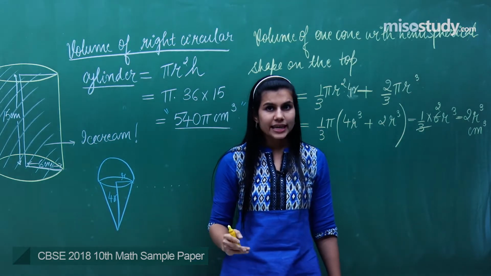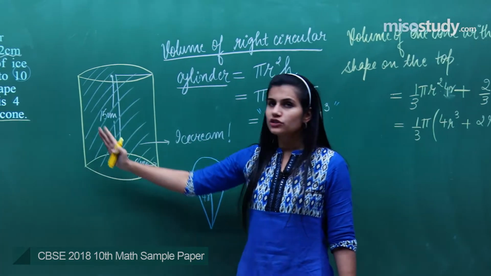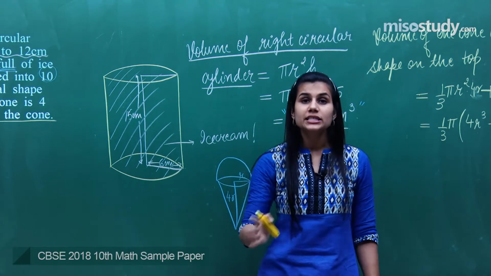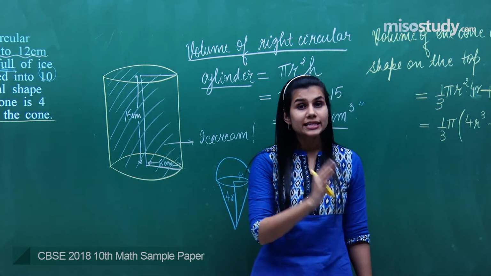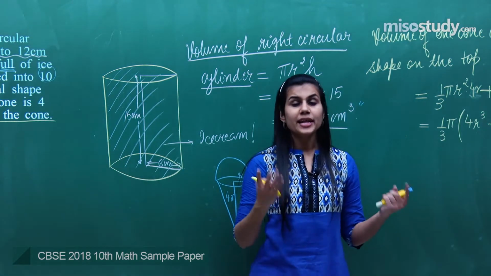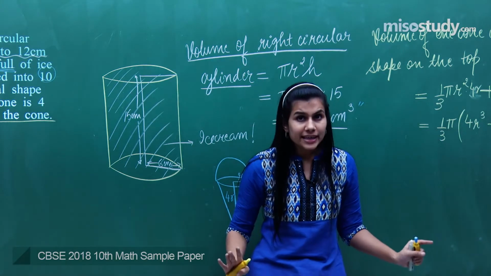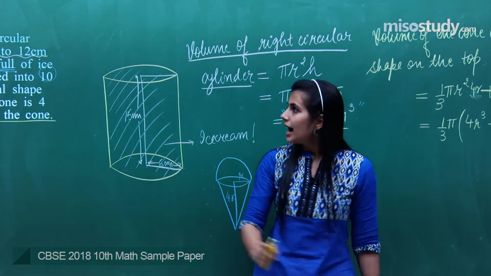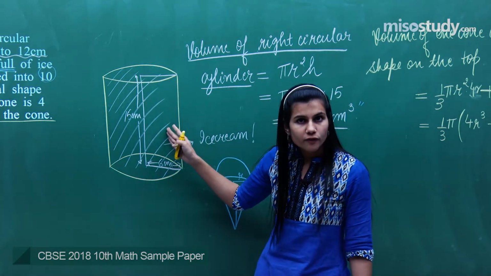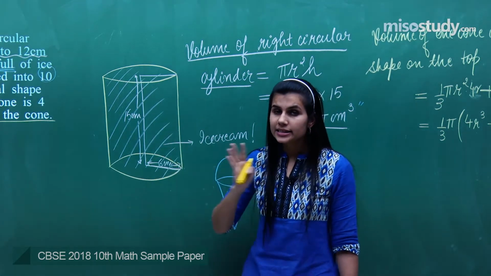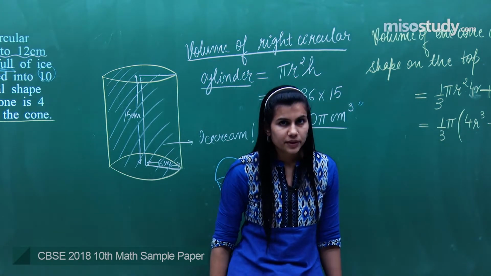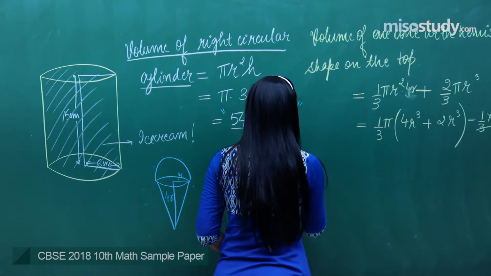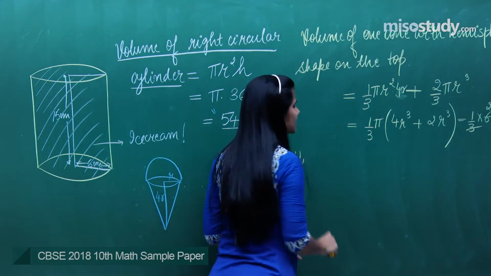The question is saying that the entire ice cream kept in the cylinder is distributed equally in these equal sized cones, and then it is exhausted. That means when I add the ice creams of all the 10 cones, I get the ice cream contained in this entire right circular cylinder.